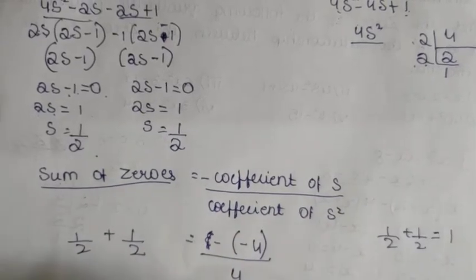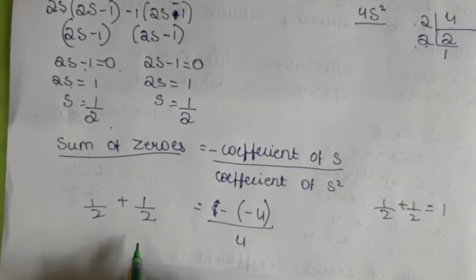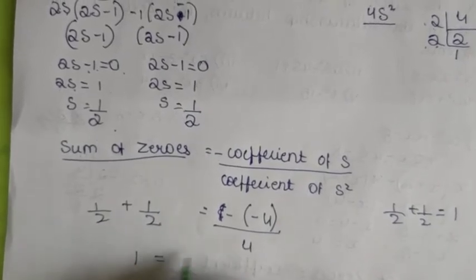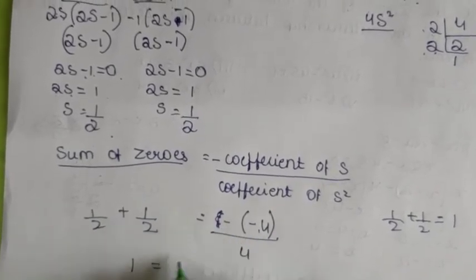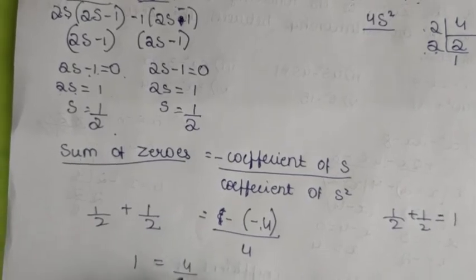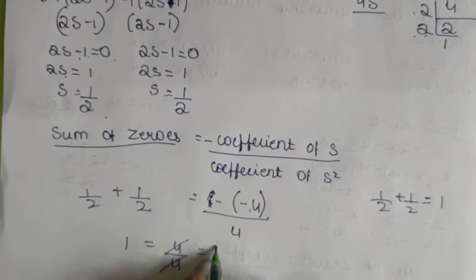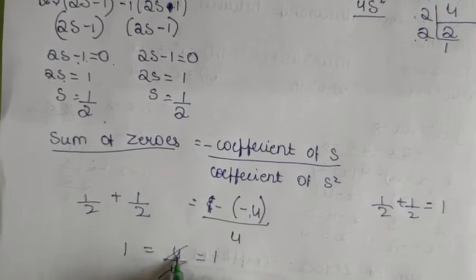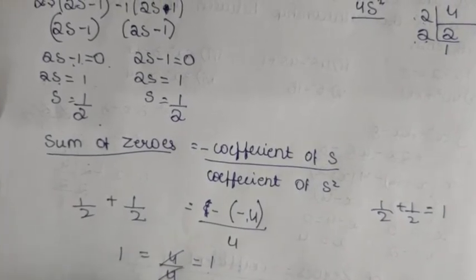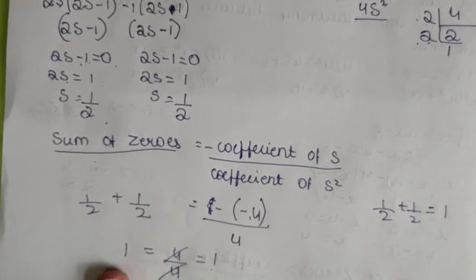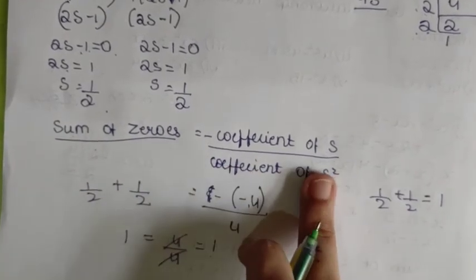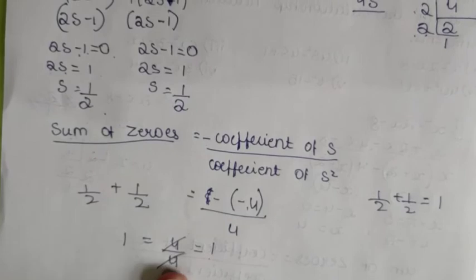And this is equal to minus of minus 4 by 4, where minus minus becomes plus, so 4 by 4. When we divide 4 by 4 we get 1. So here you can see that the sum of zeros is equal to this formula, that is we got 1 equals 1.